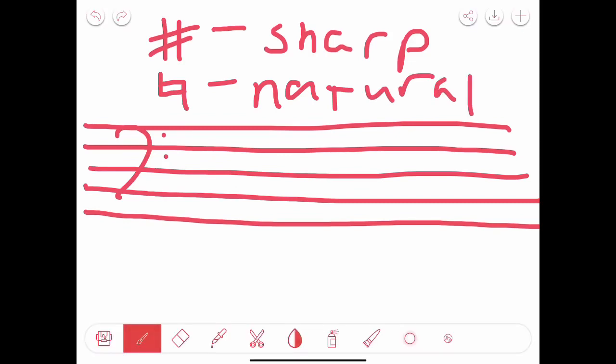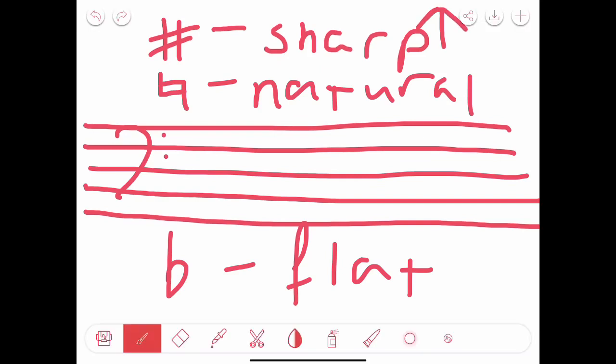This erases sharps or flats. And this is a flat. The sharp raises the note. The flat lowers the note. The natural cancels them all. Any questions about this?